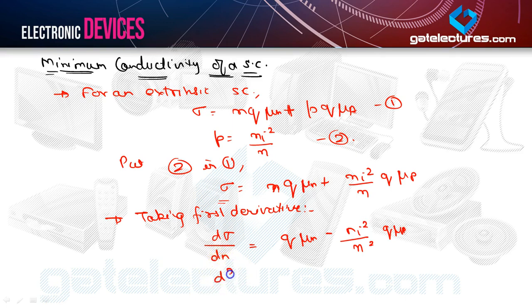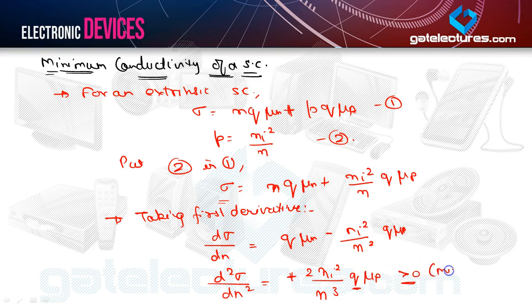We take another derivative, d square sigma by dn square. It is plus 2 ni square by n cube q mu p. So what does this signify? Ni square will always be positive, n cannot be negative so n cube is always positive, q for holes is positive, and mu p cannot be negative, so this is always positive.